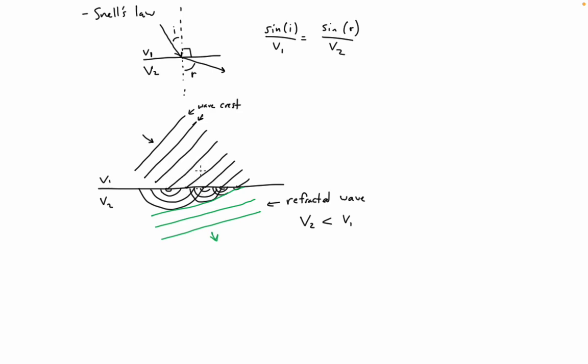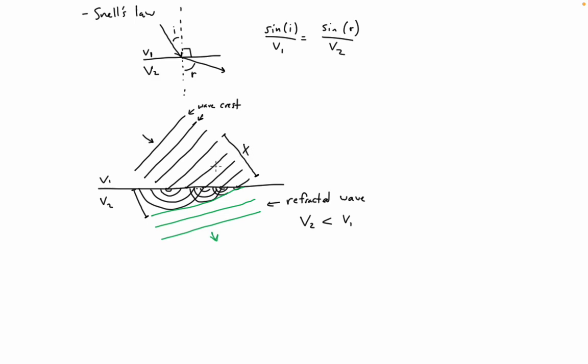So you can see that at the moment this wave touched, it traveled in this medium this far, and that length is equivalent to this, right? So in the same amount of time, the wave traveled this distance.